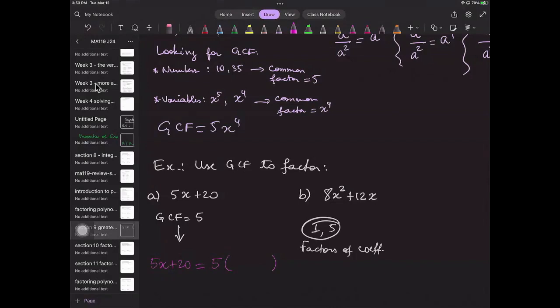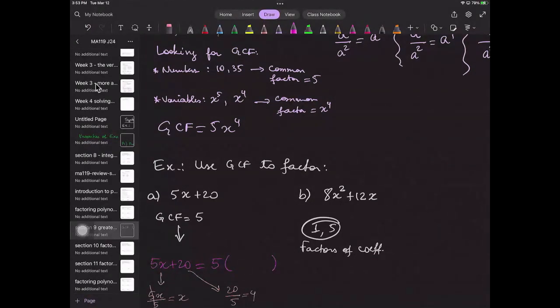So if these two terms are divided by 5, right? So for the first term, if you divide that by 5, you get just x. For the second term, if you divide that by 5, your GCF, you get 4, right?